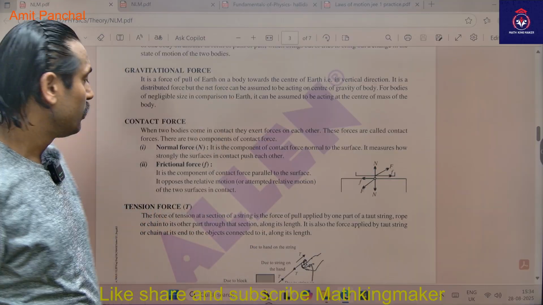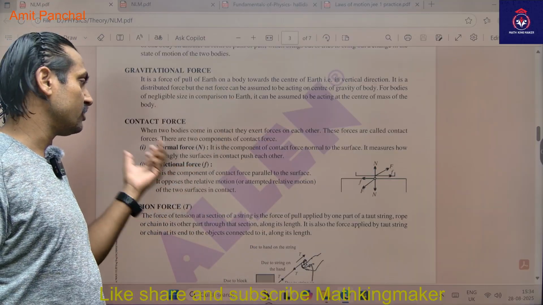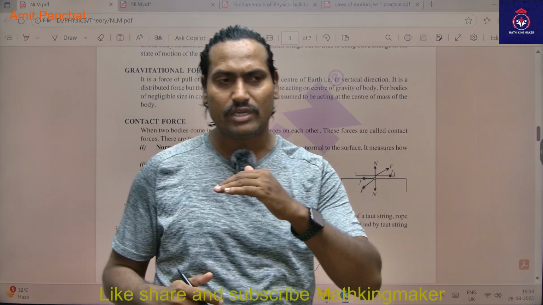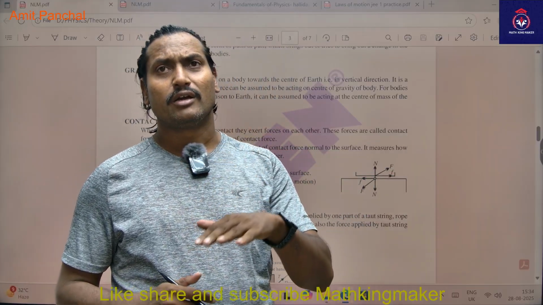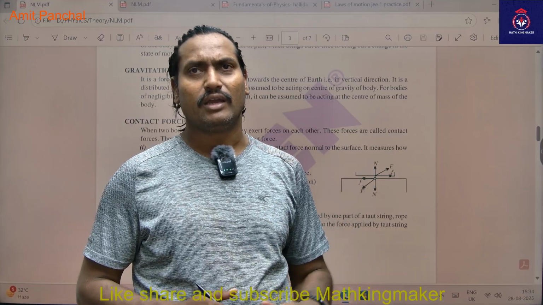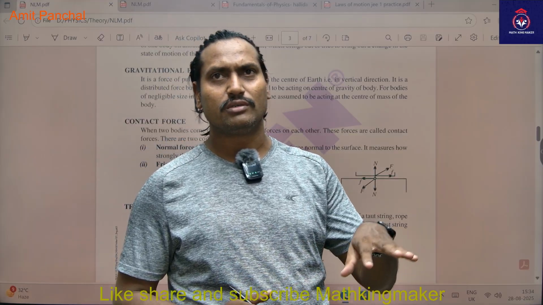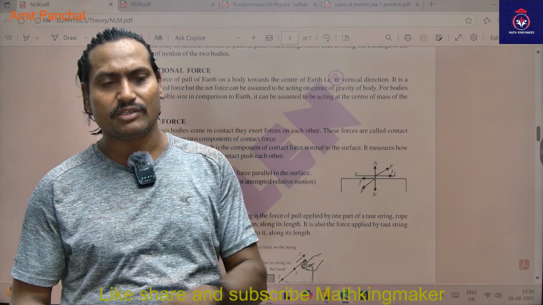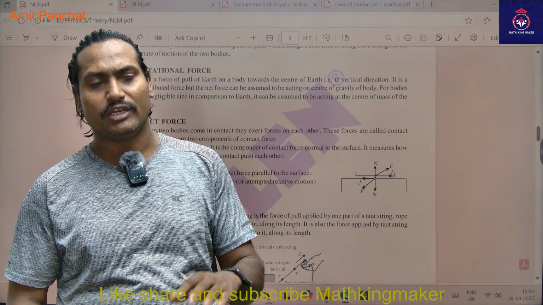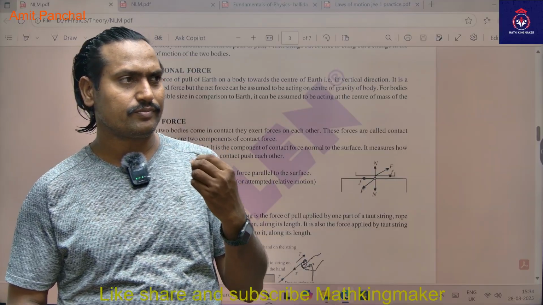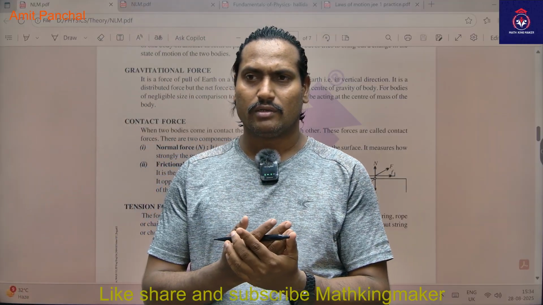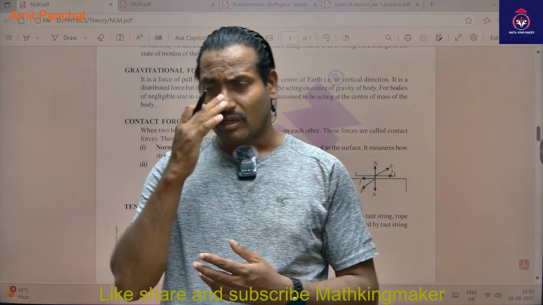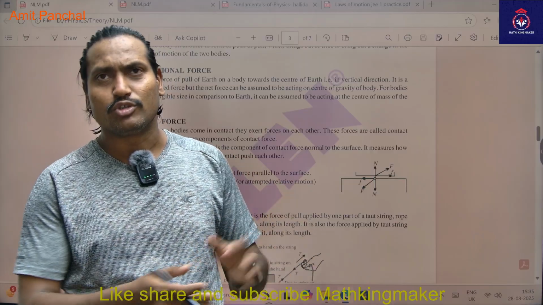That's why it is called normal force. Now another one is frictional force. Frictional force you already know. If somebody is in contact with the surface and it is in motion, that surface will apply a resistive force on the body, or obstruct its motion.